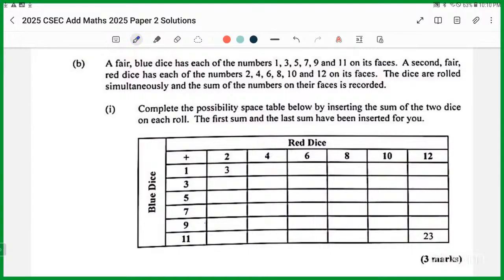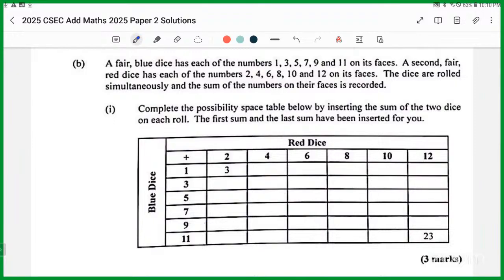The dice are rolled simultaneously, and we record the sum of the numbers on the faces. It says complete the possibility space, which is a sample space.